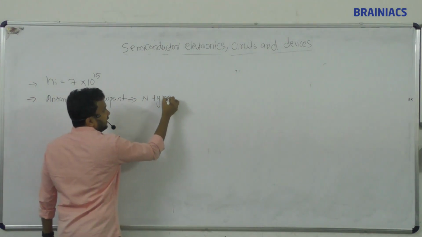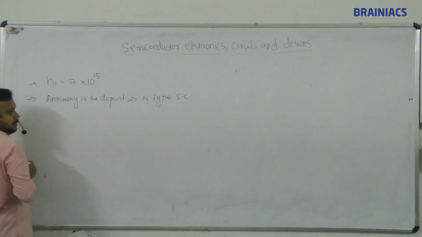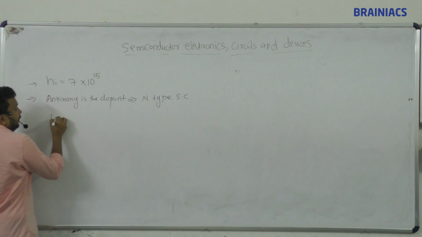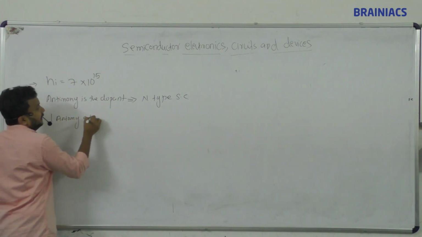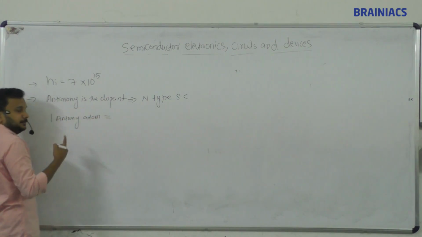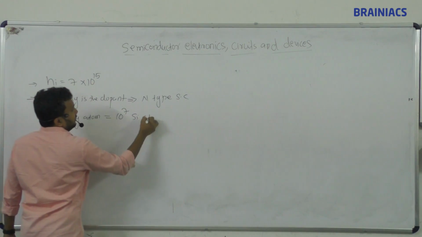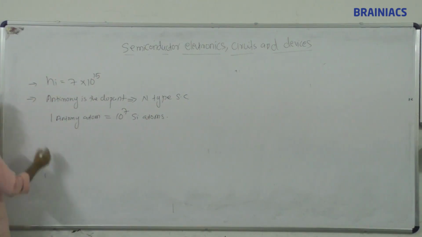This is the second statement, right? N-type semiconductor, antimony is added. What proportion is it added? 1 antimony atom is added to how much? 10. So nothing to do there. We stop there. What's the third sentence?